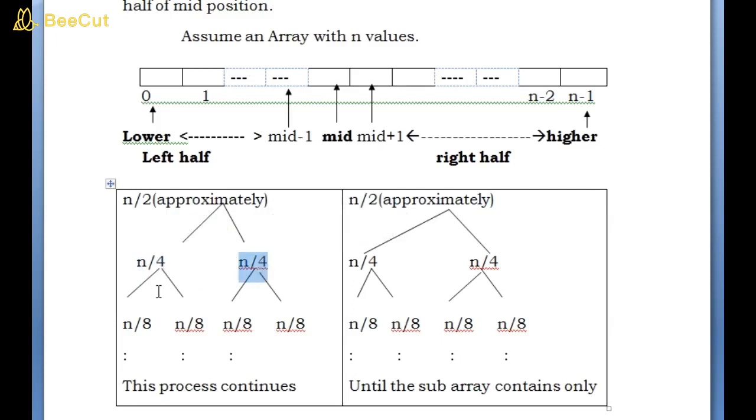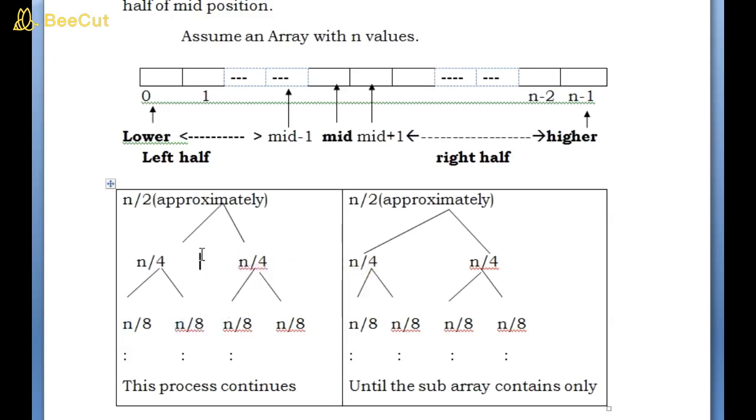Similarly, the n by 4 elements can be further divided into n by 8 approximately on the left half, and n by 8 elements on the right half. When the key is not matching with the middle element of the array, only then do we keep on dividing the array into a left half and a right half.